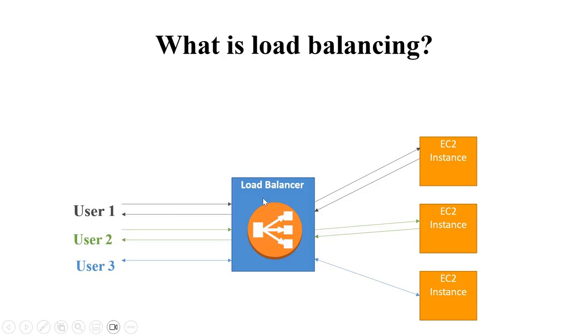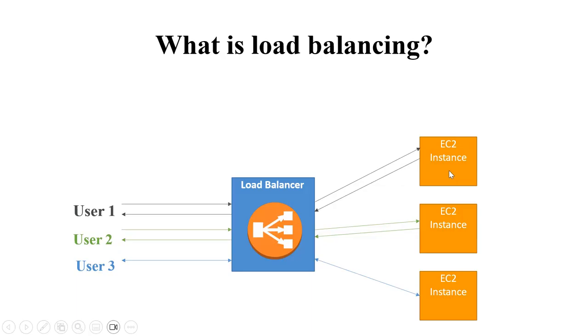A load balancer is not just about load distribution, as the name suggests. Before load distribution, it checks the health of the instances, whether they are reachable or not. The service health is also important, right? Suppose I'm running an HTTP service on port 80 on the EC2 instance.